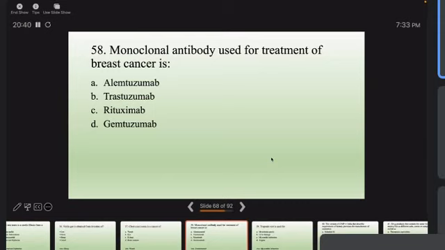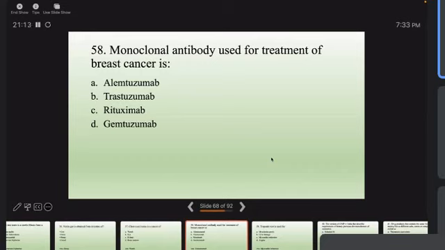It was a very common disease when we were discussing orphan disorders. In some forms of rheumatoid arthritis, rituximab is given. Yes, rheumatoid arthritis, not osteoarthritis. So we do not use rituximab for breast cancer. We are left with three other options: alemtuzumab, trastuzumab, and gemtuzumab.